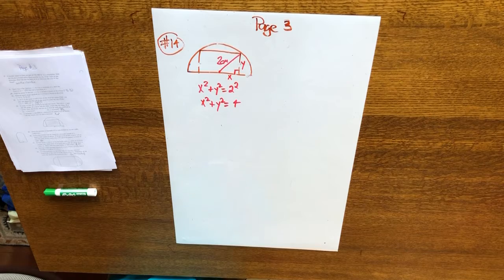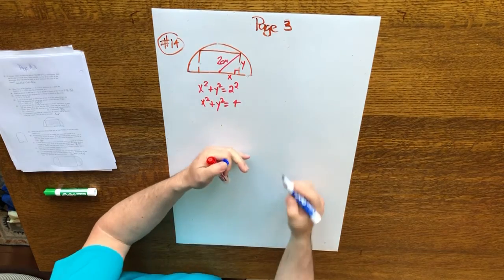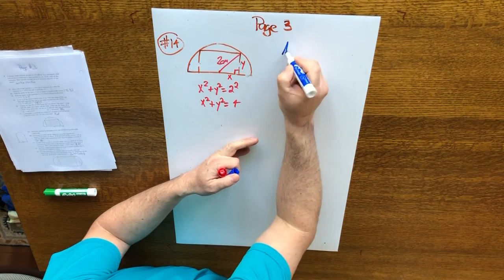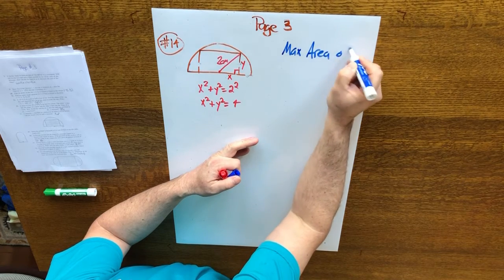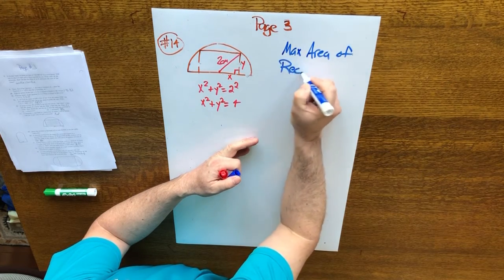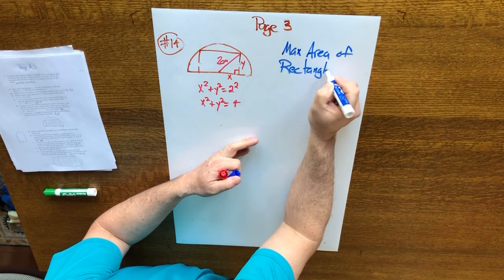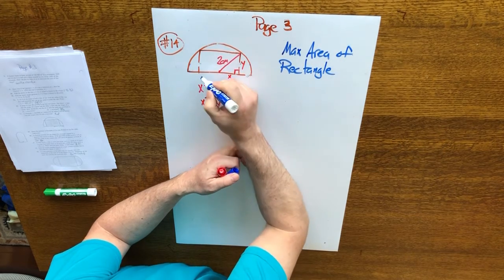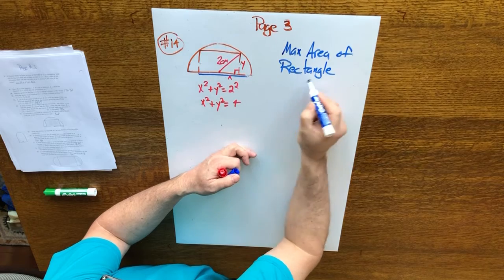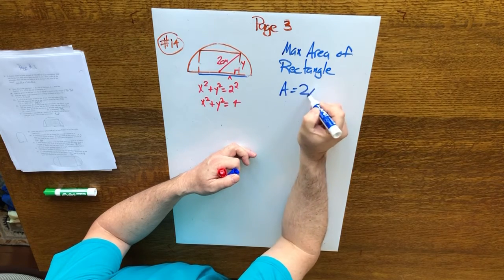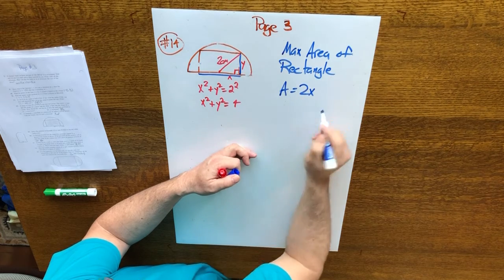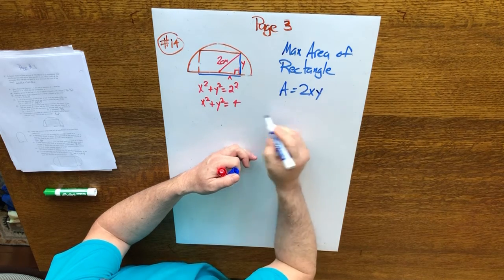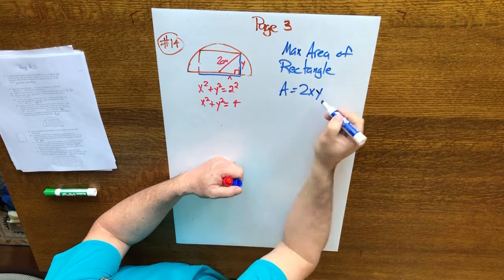Now we're going to take a look at the rectangle, and we want to maximize the area of the rectangle. The dimensions of the rectangle are going to be 2x times y. We're going to take one of these variables, solve, and plug it in there.